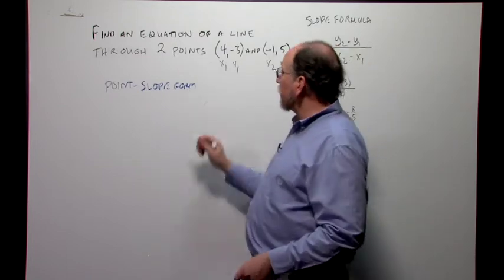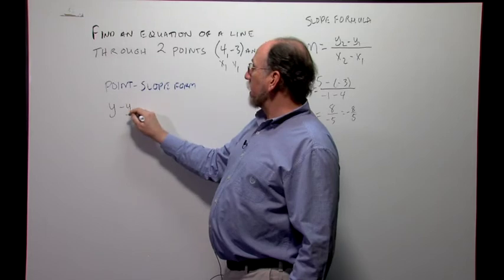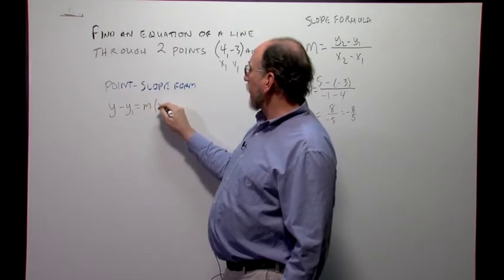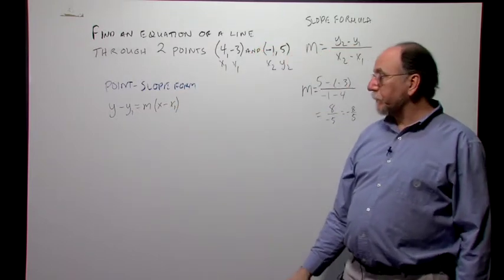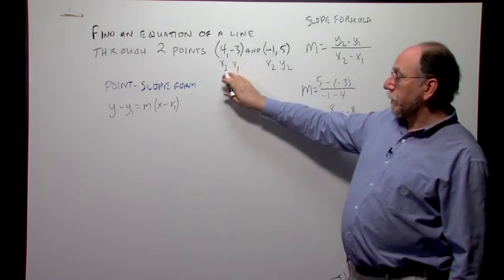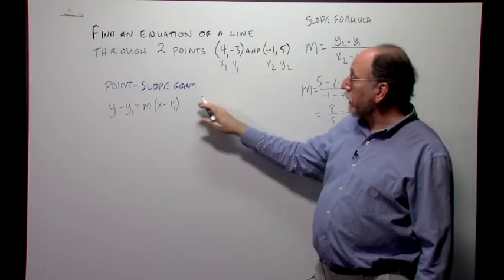And that is using one of these points, y minus y1 equals m times x minus x1. We're going to fill in what we have here. We're going to use this point, for instance. We could use either point. Doesn't matter. We get the same equation.